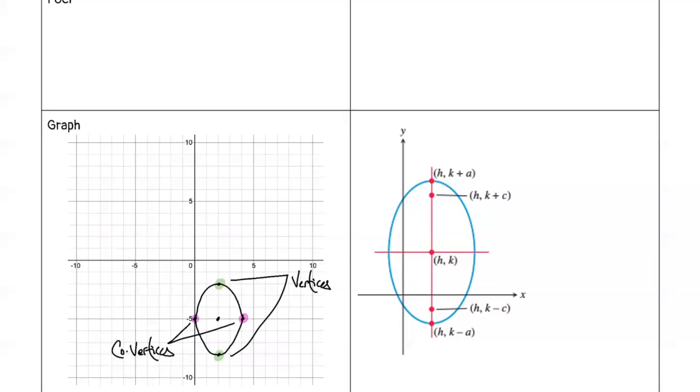So there's two important points that we still need to find. We have our vertices, we have our co-vertices, and in a circle, we only have a center. But in the ellipse, we have these points that are inside of the ellipse that are called foci.